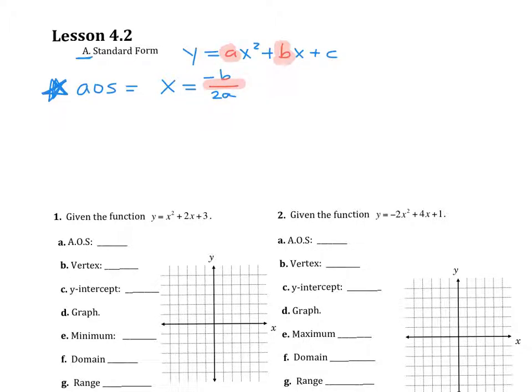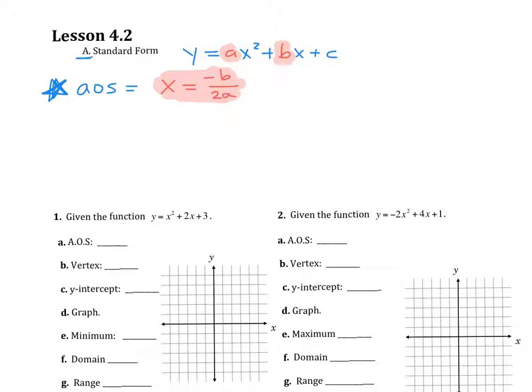So you have to multiply the 2a first and then you can divide. I'll show you that as we go. But the equation is x equals negative b over 2a. Memorize that. You won't have to spend a lot of time trying to memorize it because you're going to do it a lot.